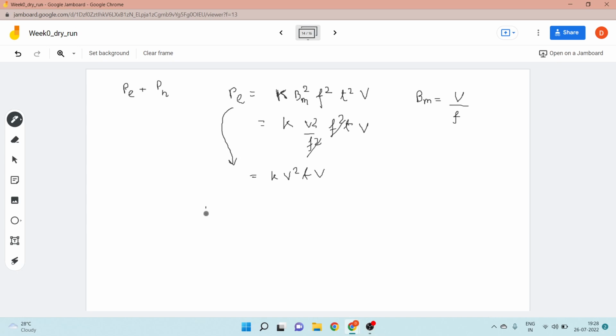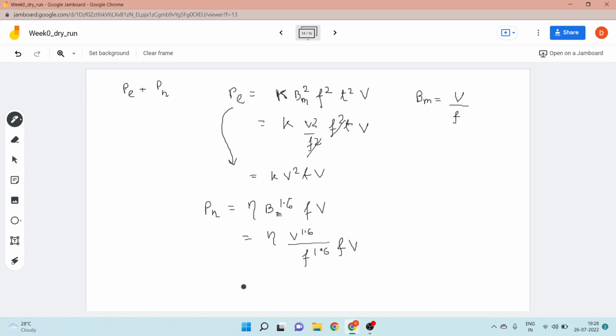Now in case of hysteresis loss, let's see. This is a coefficient constant, don't worry about it. It depends on the magnetic flux to the power 1.6, and then frequency and volume of the material with which the transformer is made. Now if we replace the magnetic flux with V by F, it becomes V^1.6 by F^1.6, right?